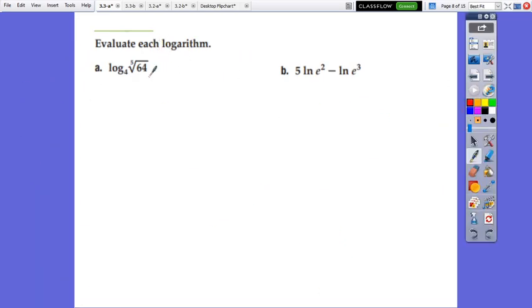Evaluate each logarithm. I'll take the first one. Remember that the number in the log, you have to rewrite it as a power in simplest form, such that the power has the same base as the base in the log. As long as the base is 4, I will try to rewrite 64 as a power of 4.